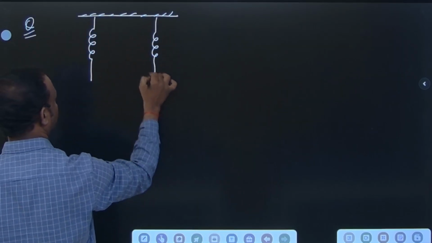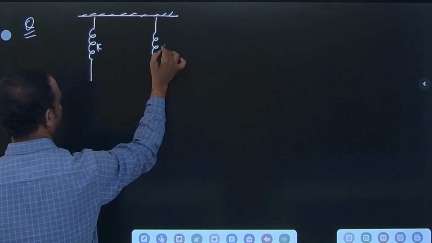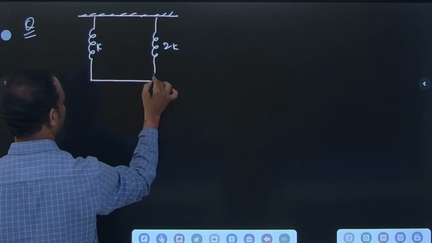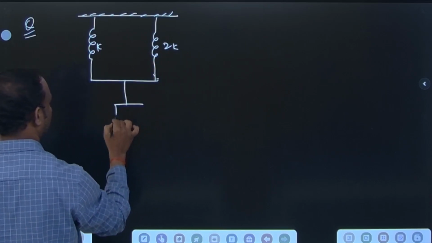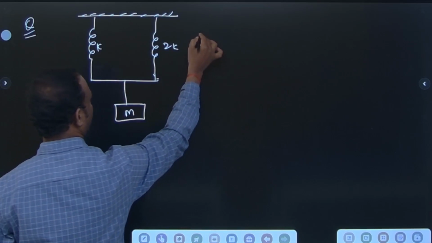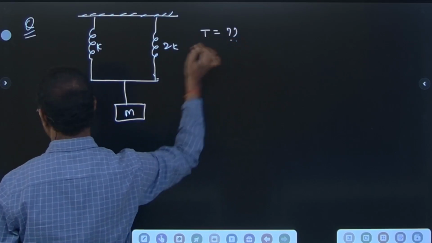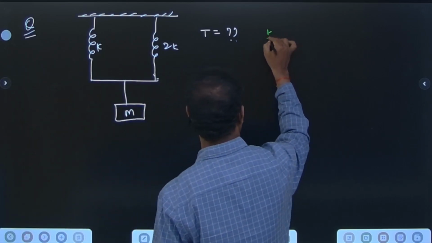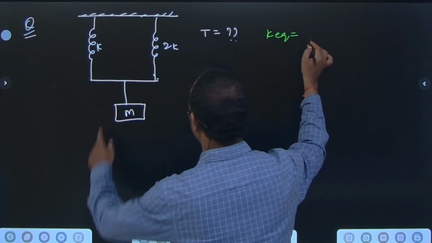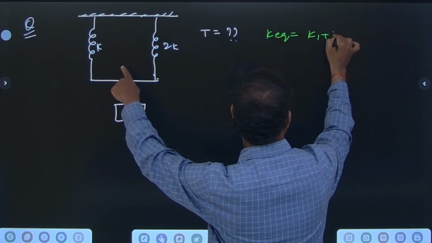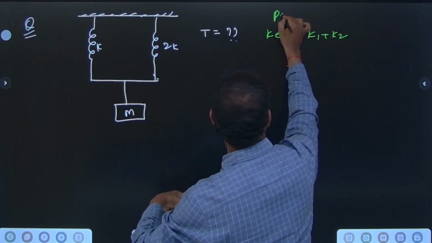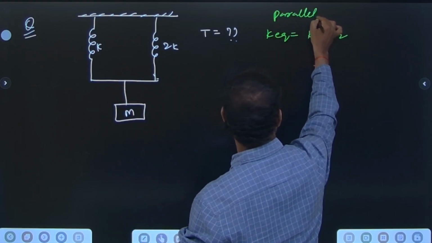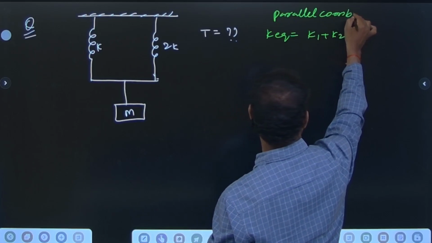Two springs are connected, with constants K and 2K. Some mass M is connected. What is the time period? So what is the K equivalent? K equivalent is equal to K1 plus K2 because they are in parallel combination.